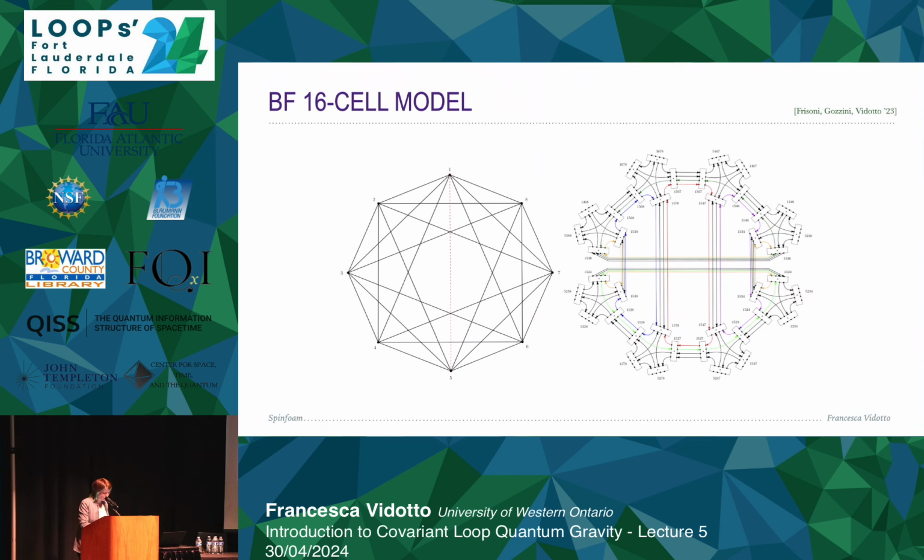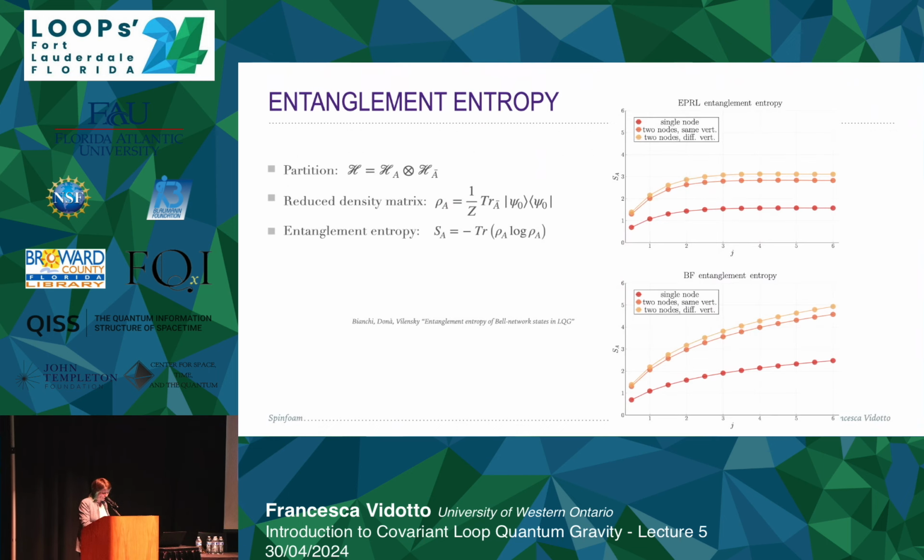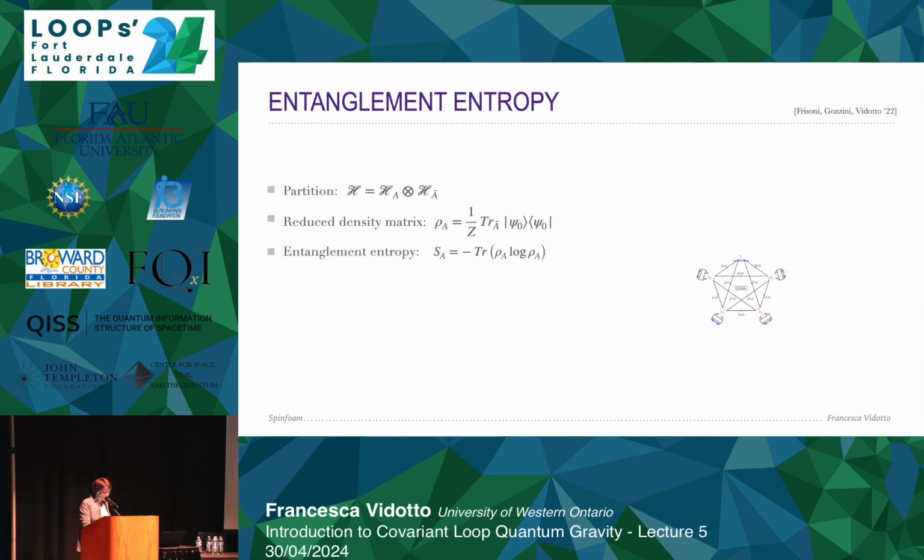I wanted just to go back and add one more thing. One of the things that we have been studying is the entanglement entropy. So the entanglement entropy, I told you, gives an upper bound to the correlations. So that's why it's interesting for us in cosmology. And you can study the entanglement entropy by taking partitions in your states.